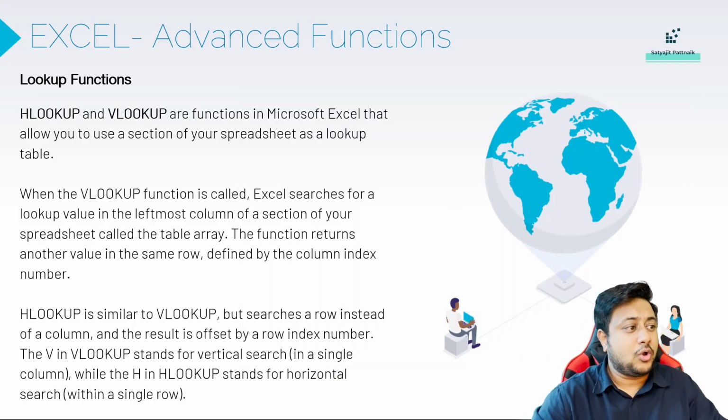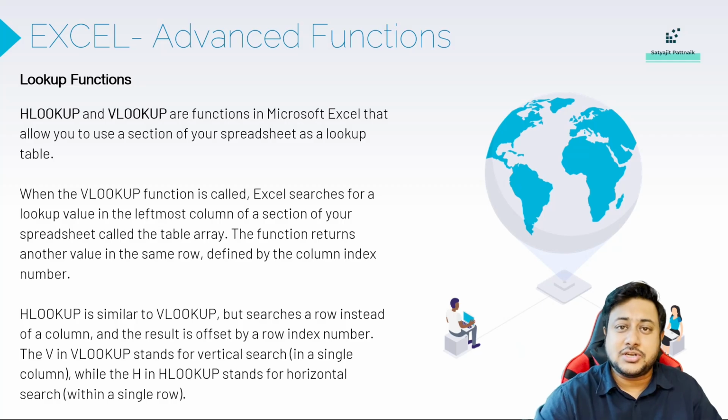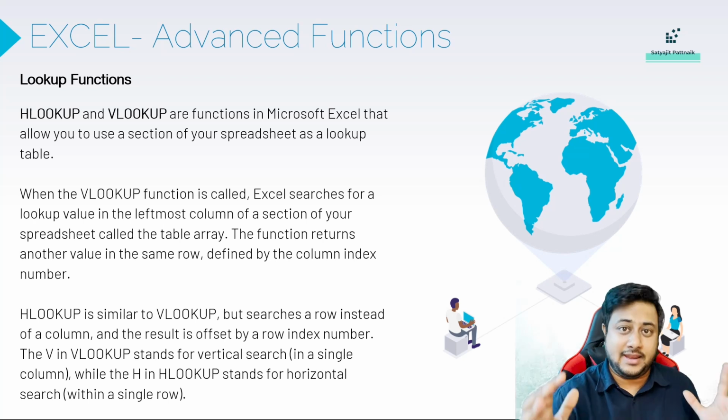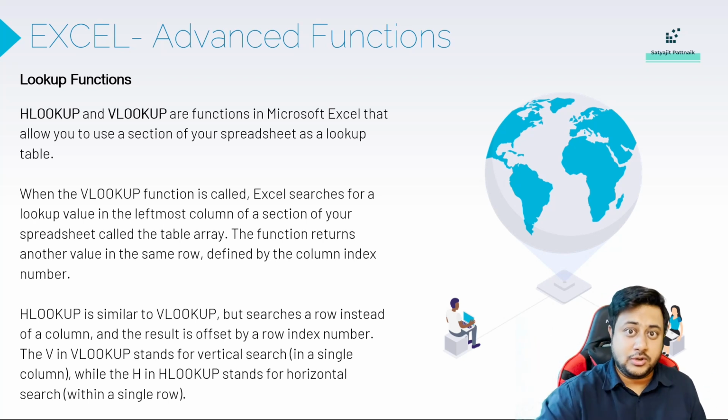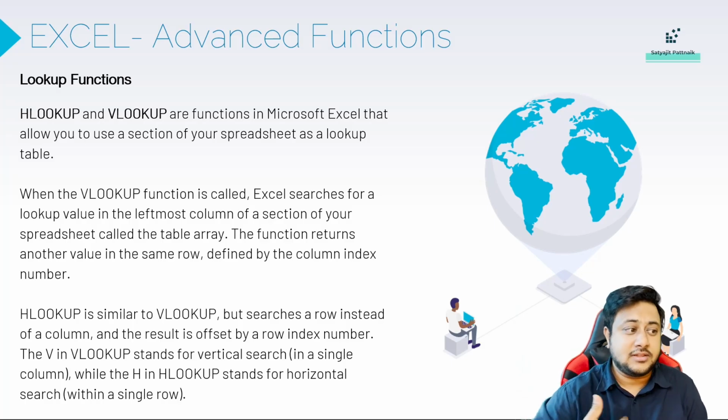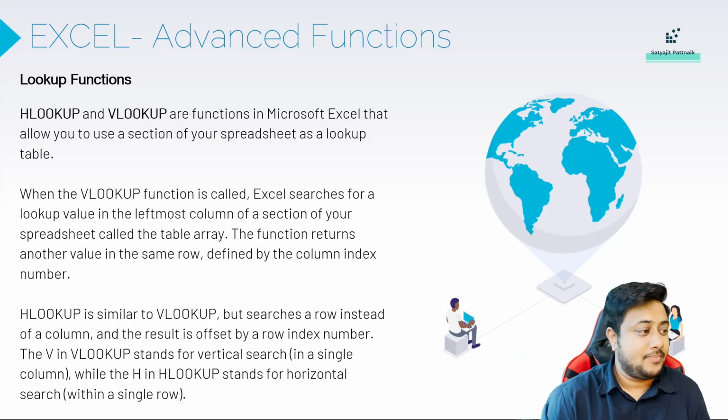So when the VLOOKUP function is called, Excel searches for a lookup value in the leftmost column of a section of your spreadsheet called the table array. So there is a table array through which all the values are looked up. The function returns another value in the same row defined by the column index number.